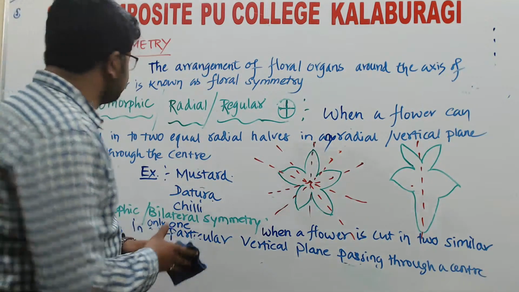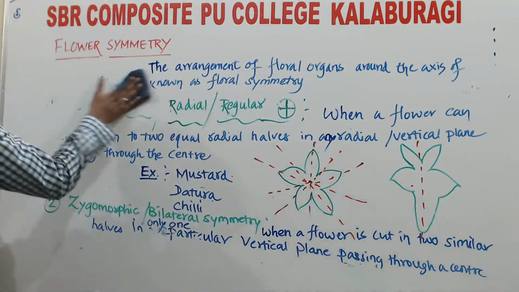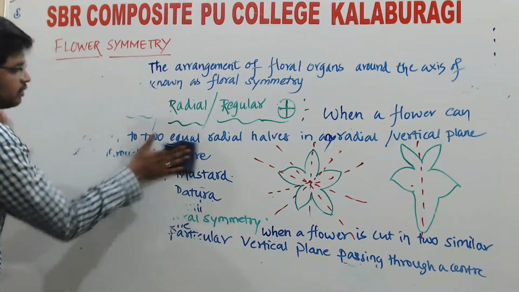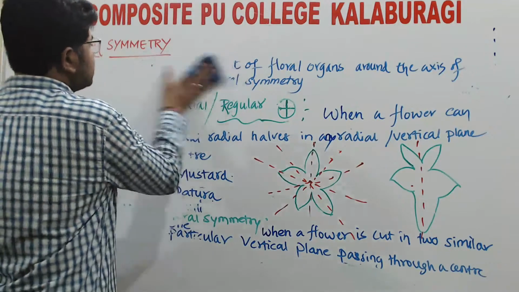Next, there is a third symmetry which we call the asymmetry or the irregular one.